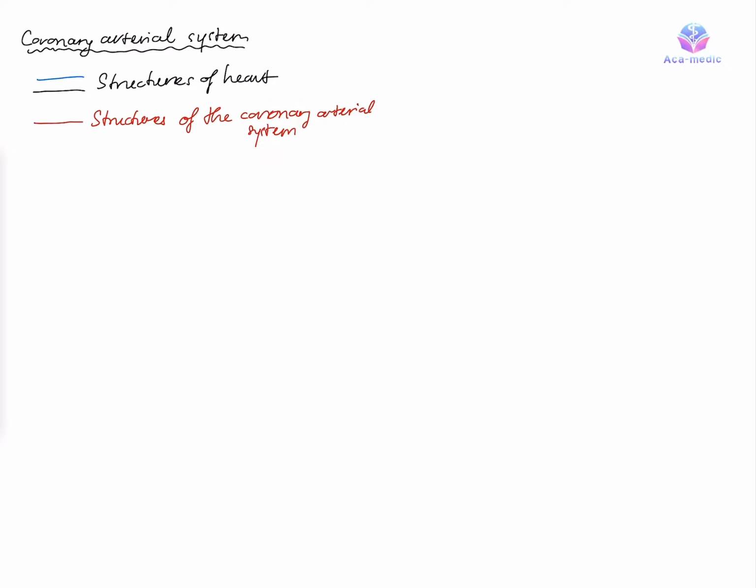All right. So now the last disclaimer is that every single person's coronary arterial system is a little bit different. No two people are completely the same, okay? Anatomical variations exist.